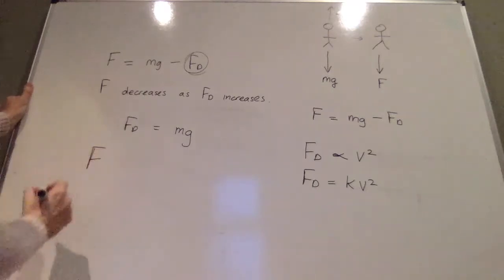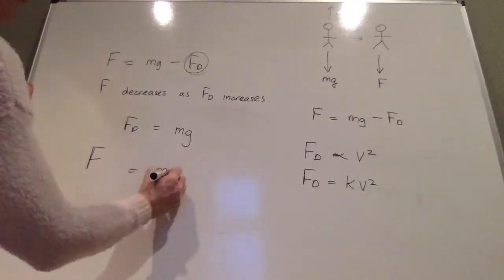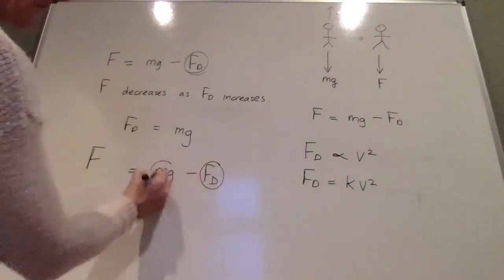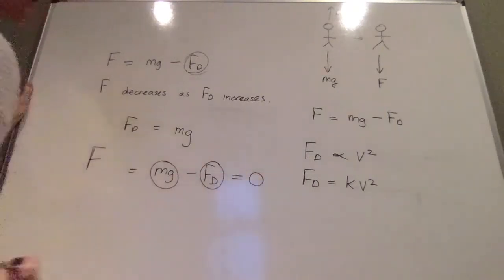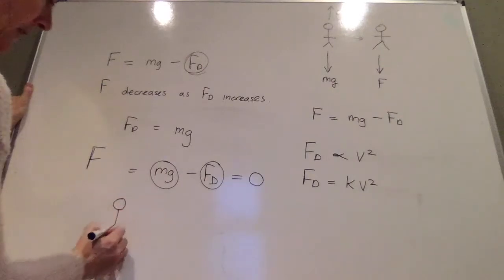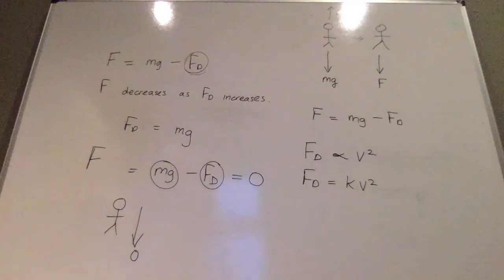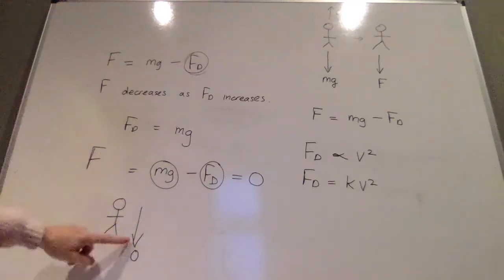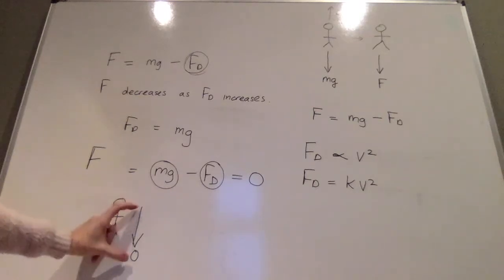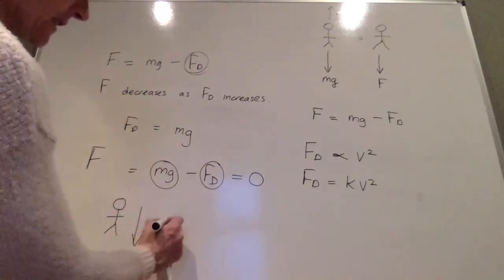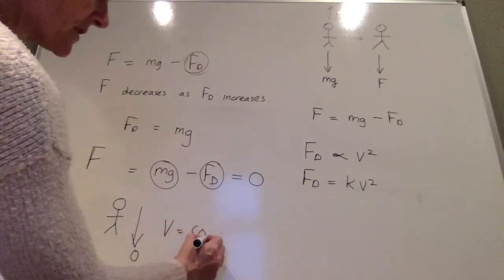The overall downward force on the body will be mg minus Fd. But with Fd equal to mg, it will be equal to 0. Now we have a body that has a downward force of 0. The mistake students make is they assume that this means the body is not moving. Not true. The body is not accelerating. Its velocity is not changing. Its velocity is now constant.